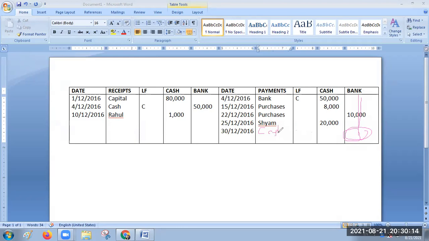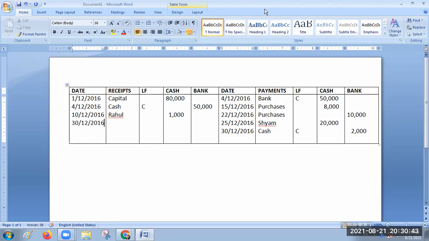Okay? Is it clear? Yes, sir. Cash. What is the amount? 2,000. C means this side also you have to mention. 30/12/2016.